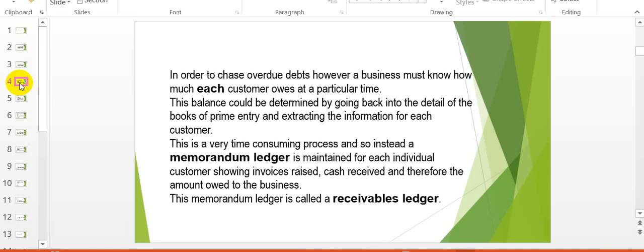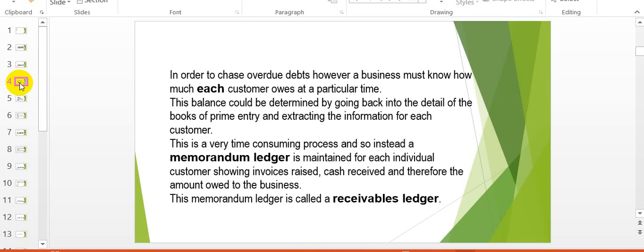In order for a business to chase overdue debts, it must know how much each individual customer owes the business at a particular point in time. However, the balances in the RLCA will be summary balances.